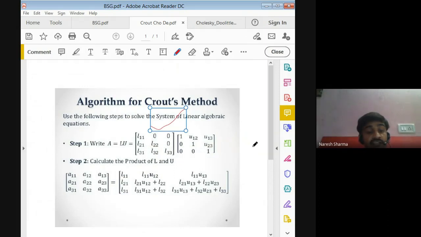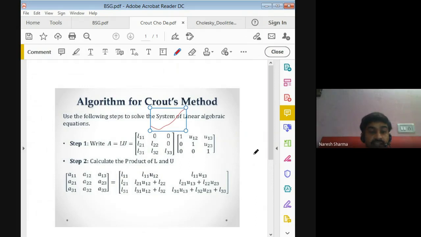But your U, that is upper triangular matrix, we write your diagonal elements equal to 1. So this is the only difference. In Doolittle method, the diagonal element of your lower triangular matrix is 1, but in the upper triangular matrix, these are U11, U22 and U33. But in Crout method, we reverse this. Here the diagonal elements are complete, L11, L22 and L33 we take, and here diagonal elements are equal to 1.